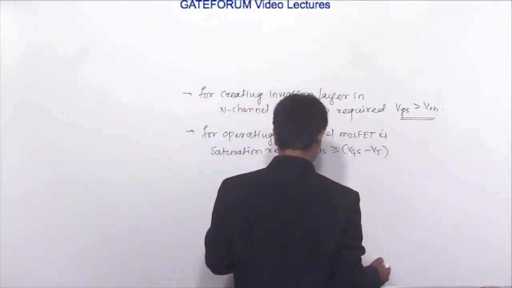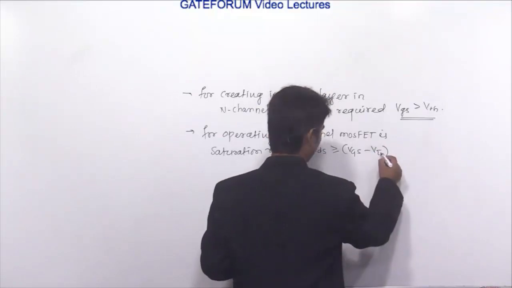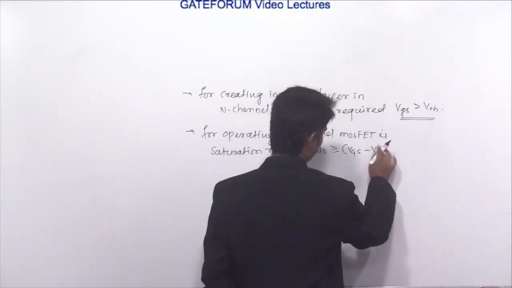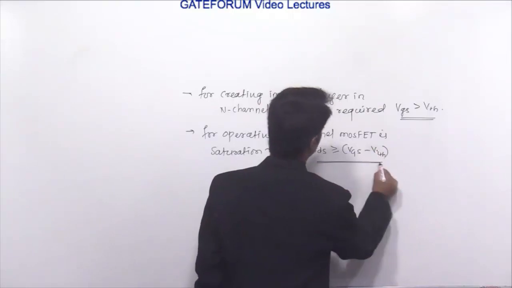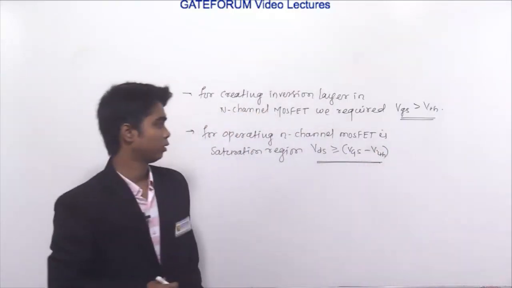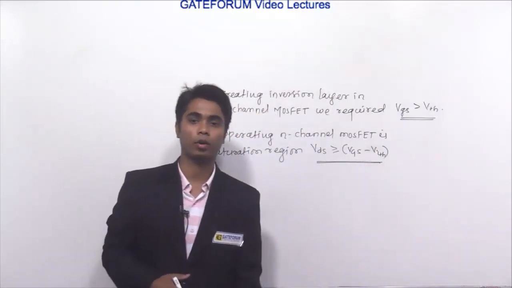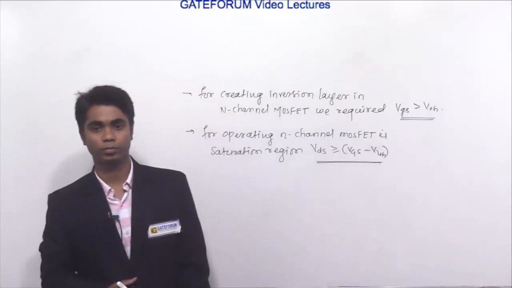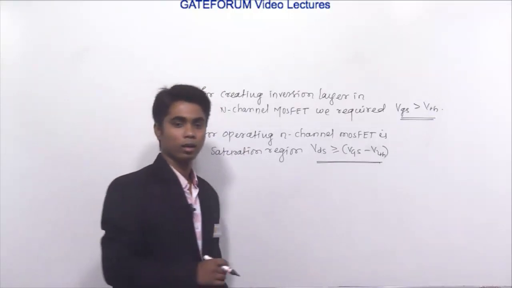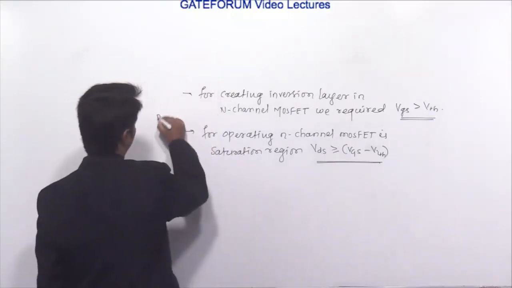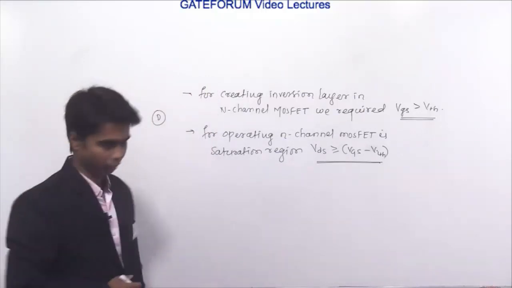VGS minus VTH should be less than or equal to VDS. It should be. Then only the MOSFET will operate in the saturation region. Therefore, option D will be the right answer.